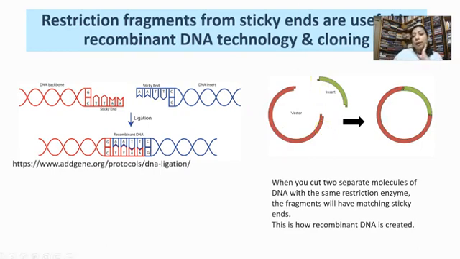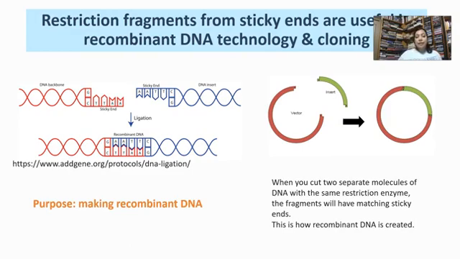Again, I'm going to make sure that both the vector, this molecule that we're going to use as the backbone, as well as the insert, the sequence of DNA that we want to put in there, are both cut with the same restriction enzyme, with matching sticky ends in that case, and then they are going to essentially lock and key into each other with the help of ligase to create the plasmid containing the gene of interest, or the DNA molecule of interest.